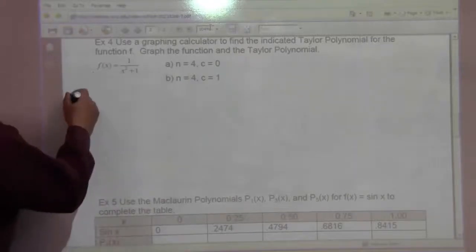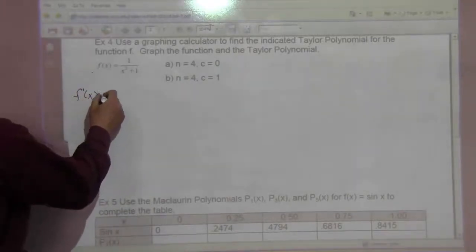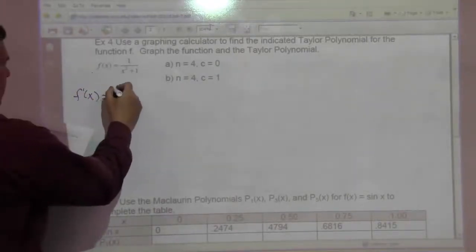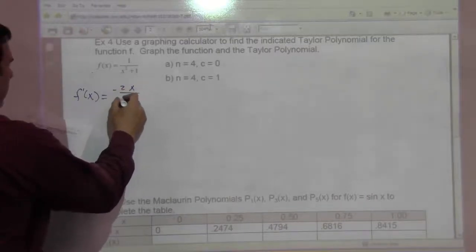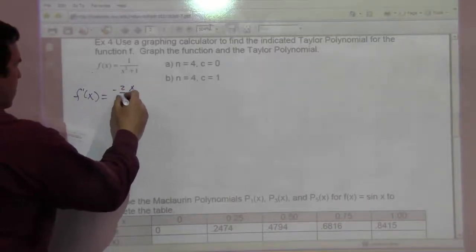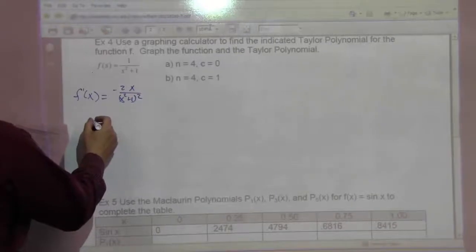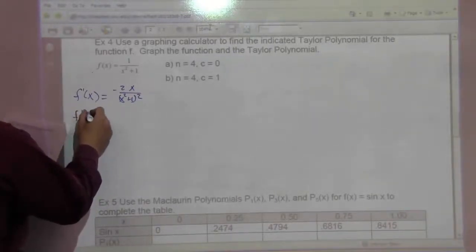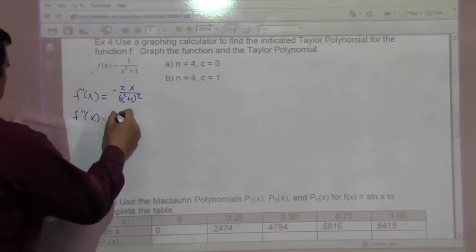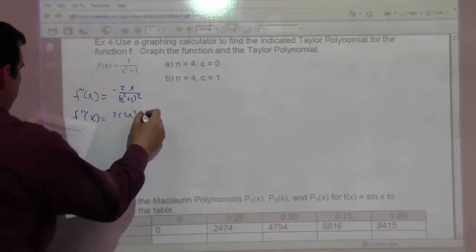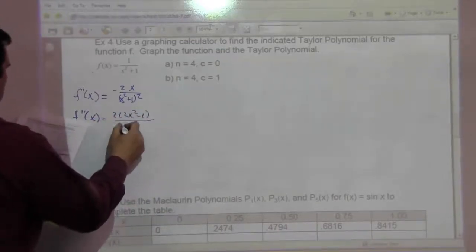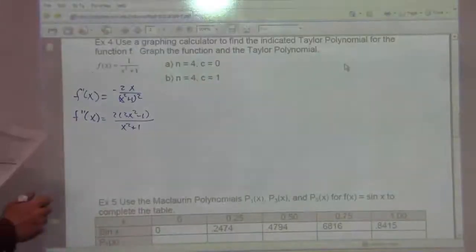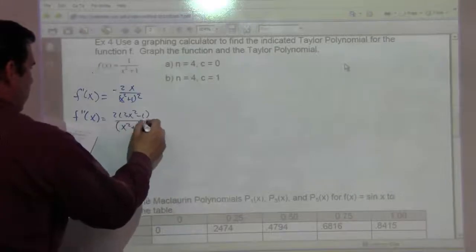So first of all, if we look at f prime of x, I'm not going to go through finding all the derivatives. It's just going to be negative 2x over x squared plus 1 squared. The second derivative is going to be 2 times 3x squared minus 1 over x squared plus 1 cubed.